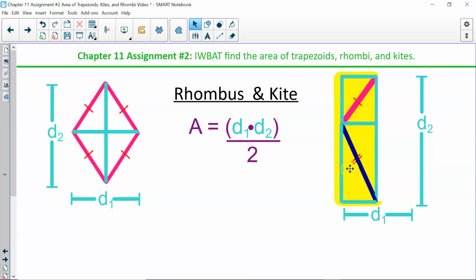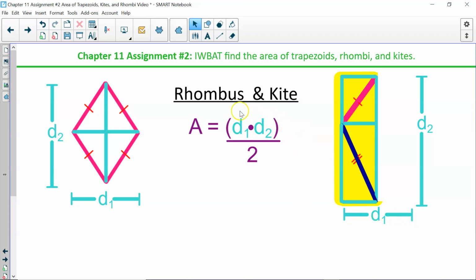So the area of this yellow rectangle is base times height. So my base is going to be half of this first diagonal, and my height is going to be the length of this vertical diagonal. So if I take base times height, I can multiply these two together, but remember that the base is only half of what the original diagonal was.